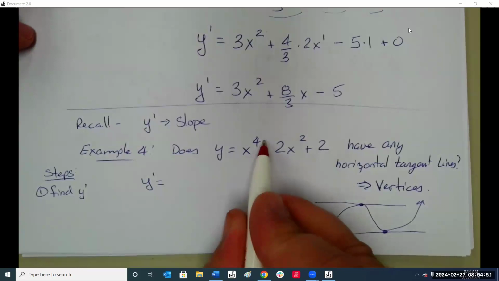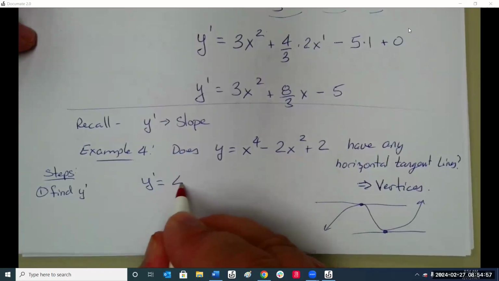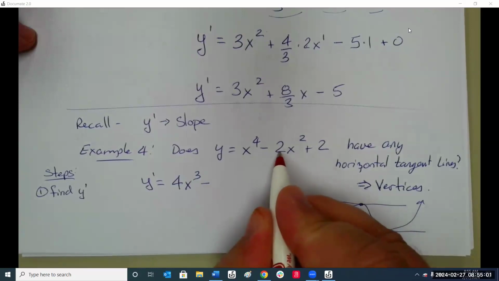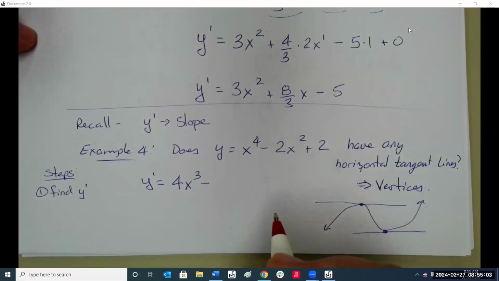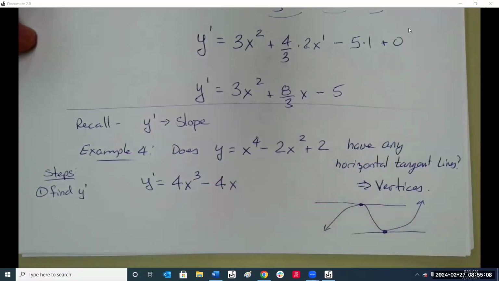What's the derivative of x to the fourth? 4x cubed, right. Minus the derivative of 2x squared, 4x.